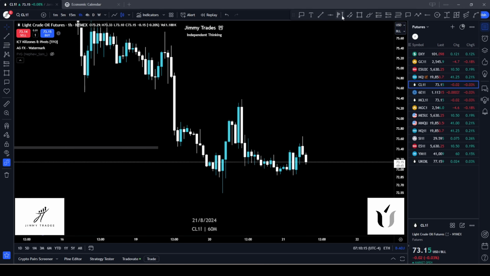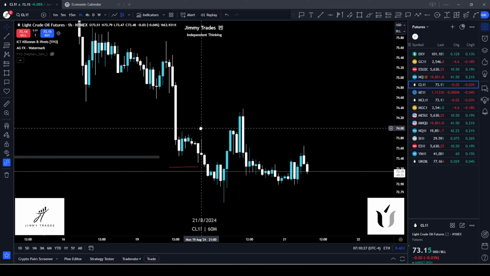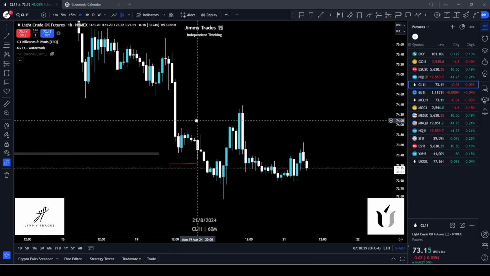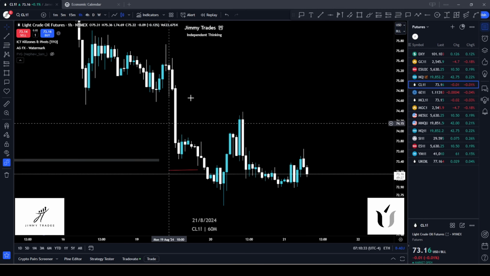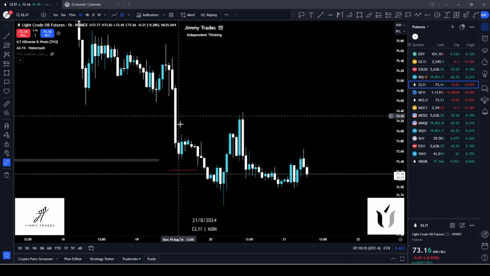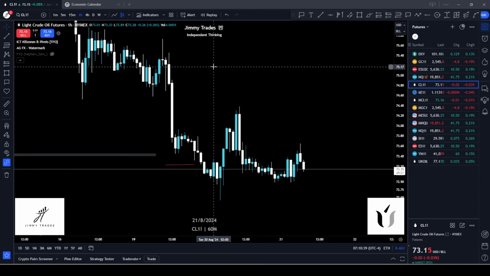So looking at the hourly, I liked that we essentially got a sweep here, creating high resistance liquidity. Liquidity resting in this gap here quite a lot, plus some low resistance at these highs here.